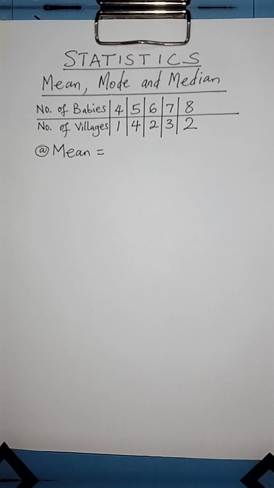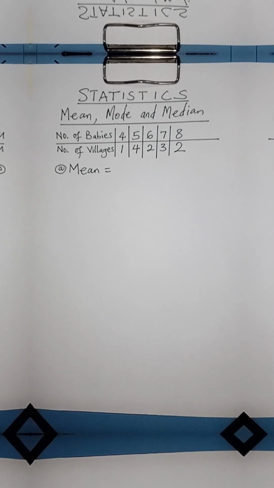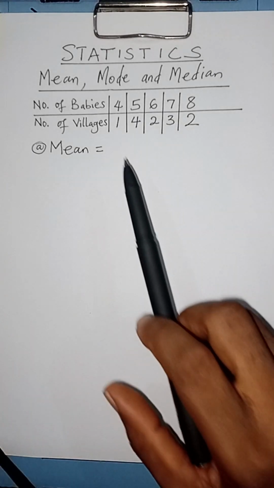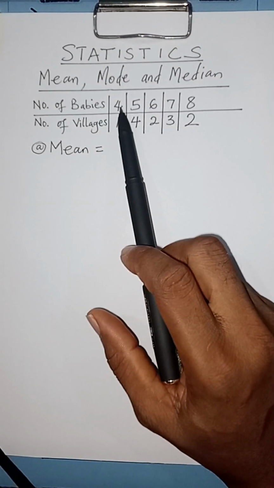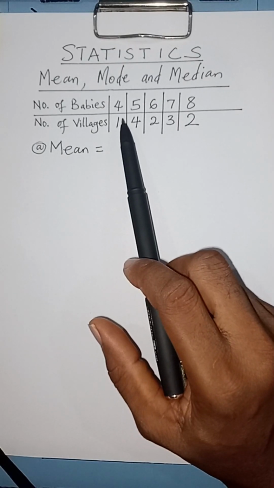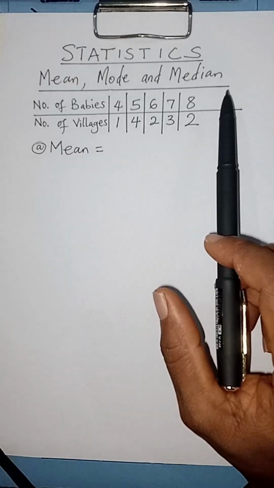So how do we get the mean of these data in the table? Now, it is very easy. What we're going to do is to multiply the number of babies by the number of villages, and we keep adding them until we get to the end of the data in the table.